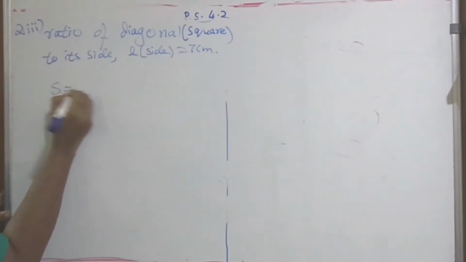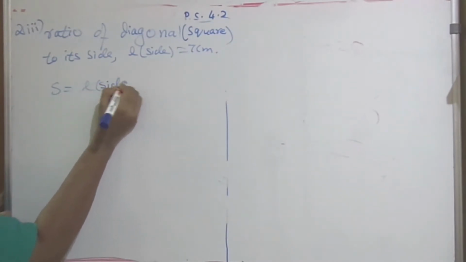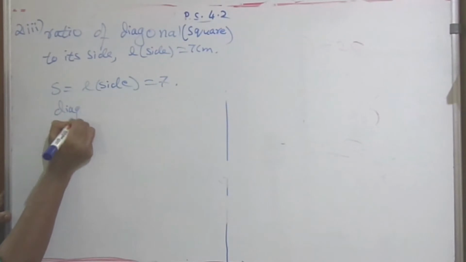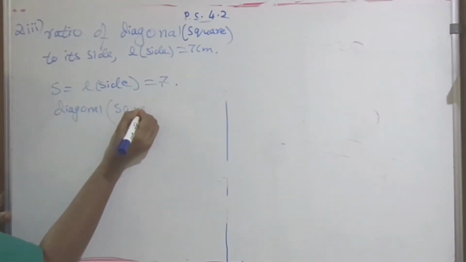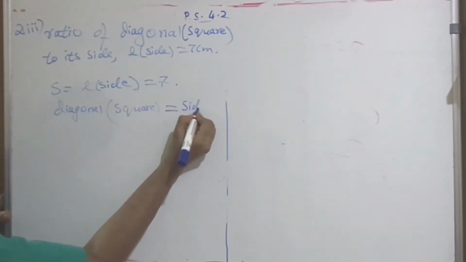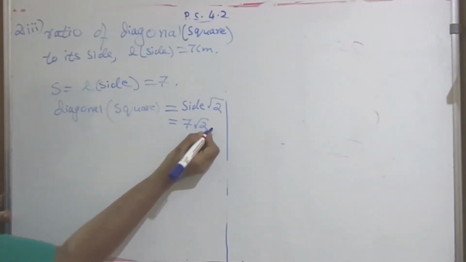So you can write S is the length of the side, that is equal to 7. Diagonal of the square formula you know will be equal to side root 2. Side is 7, so 7 root 2.